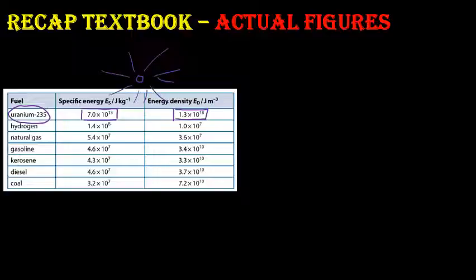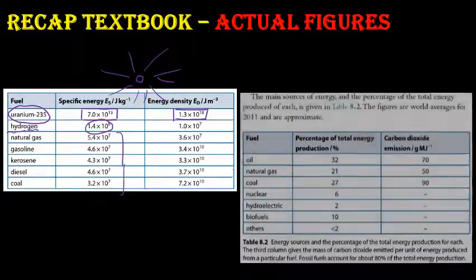Maybe you can also look at hydrogen. Relatively speaking, it has a higher specific energy than the rest of the more common fuels. This is also one reason why people are trying to invent the hydrogen car, that means using hydrogen to power the car, apart from electricity like the Tesla.